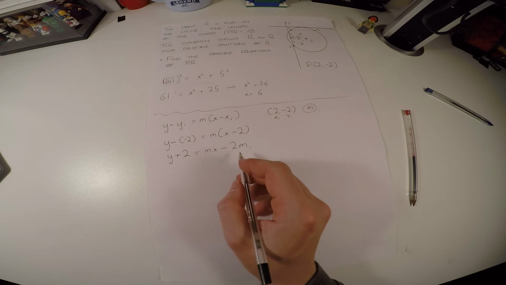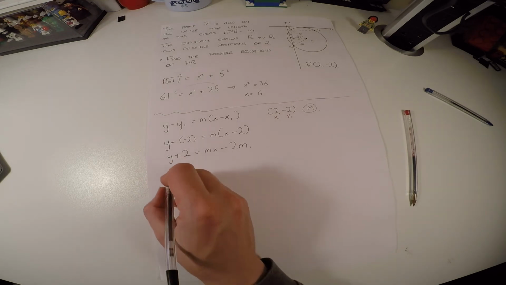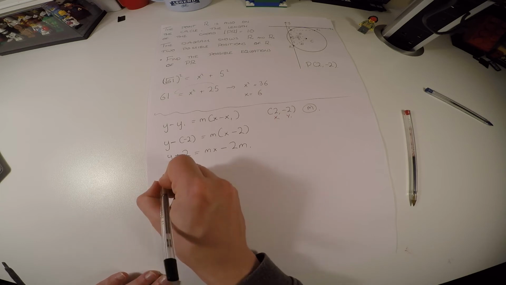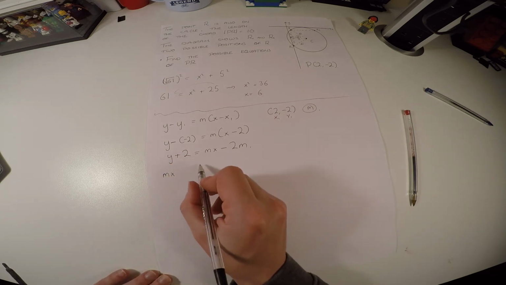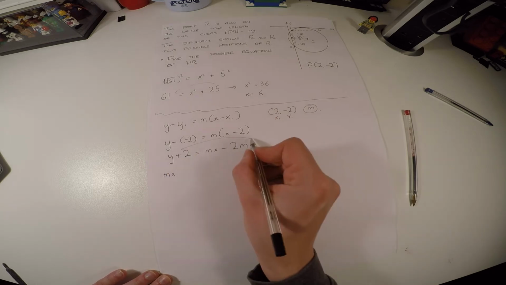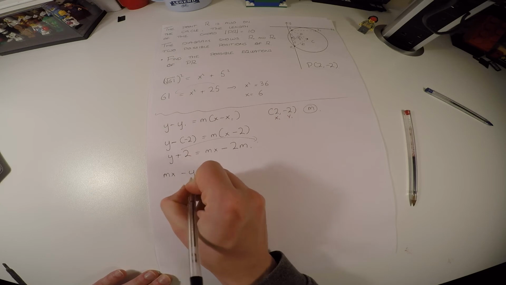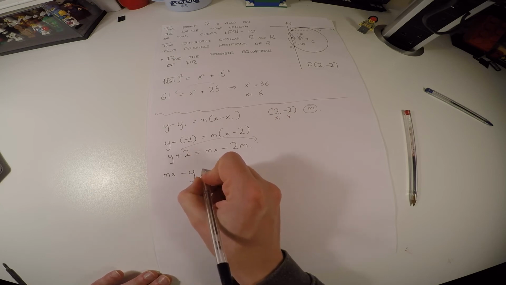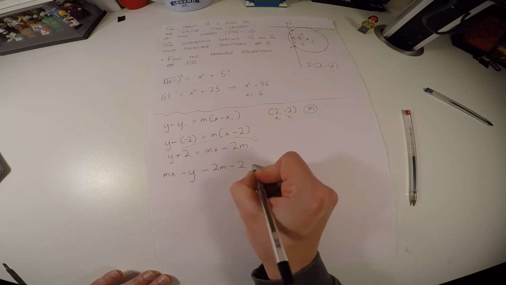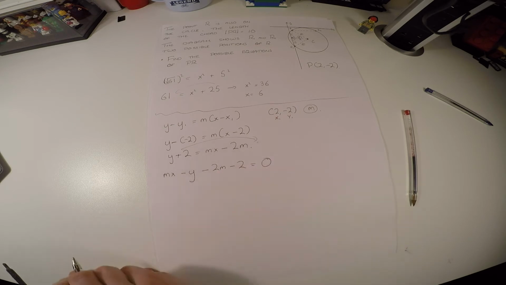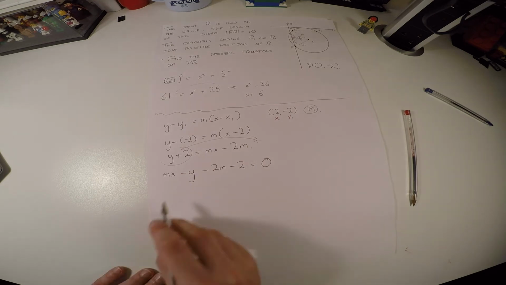When we bring that all to one side, as in the ax plus by plus c format, we get mx, and then minus y, and minus 2m is still there, and the minus 2 comes over to meet that. Let's make all that equal to 0. So literally I brought this part over here and wrote it out like this, so I have it in that format.